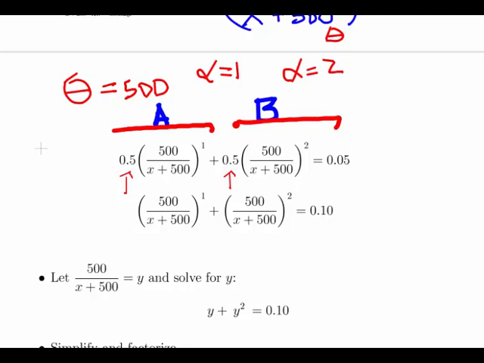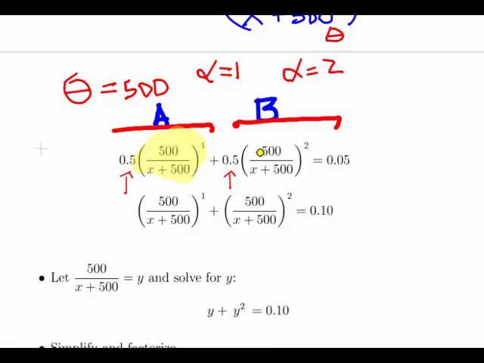So this expression here is the survival function of x for portfolio A, the first of the two Pareto type 2 distributions. Essentially this tells us the probability of a certain proportion of the claims being greater than x, okay? So it's 0.5 times some probability.